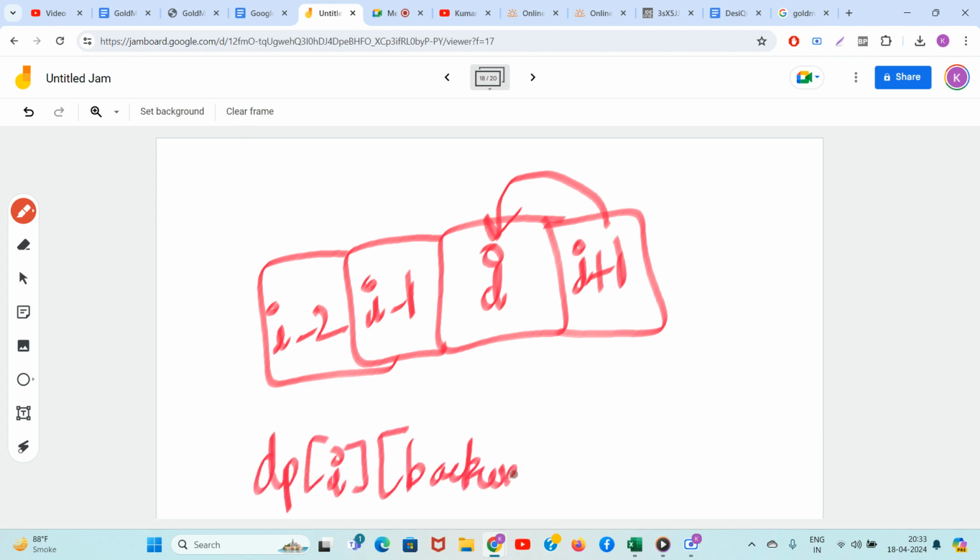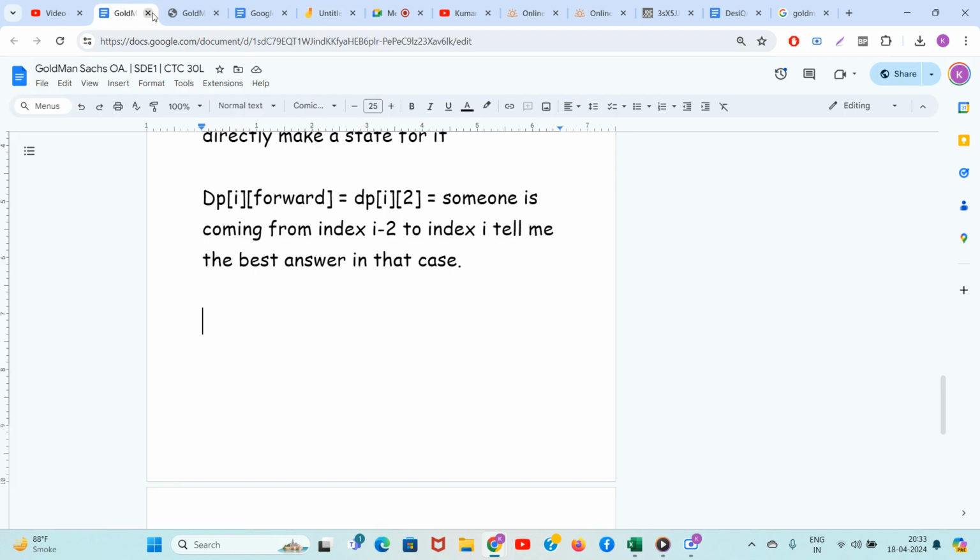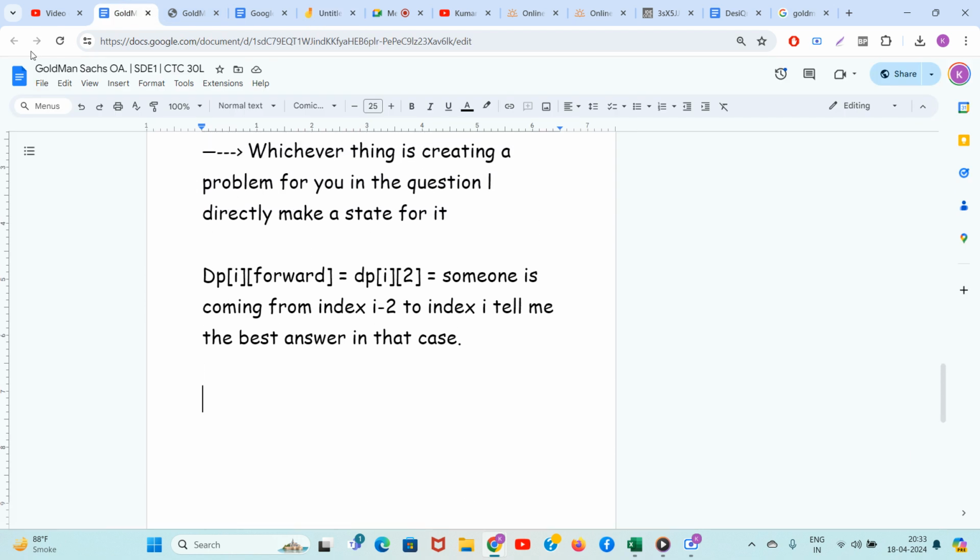In a backward motion means you are going from I plus 1 to I. I know, you wanted this kind of questions.